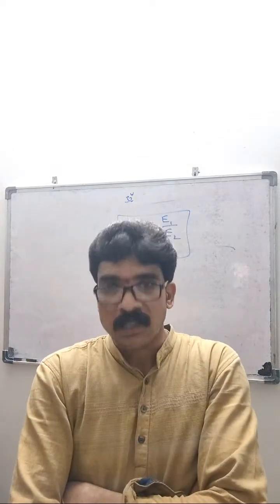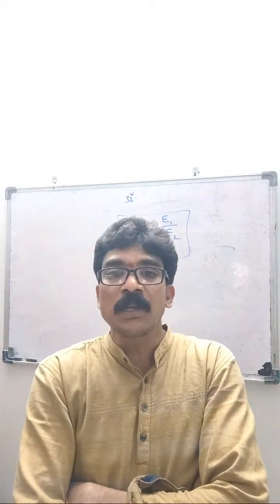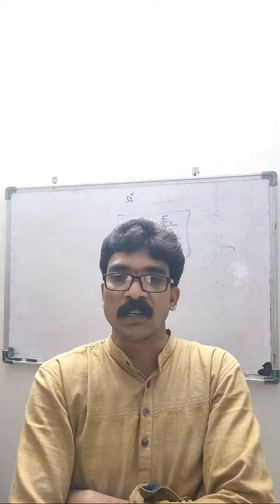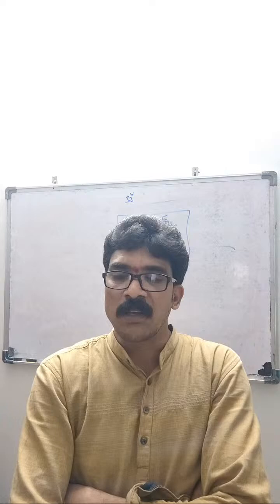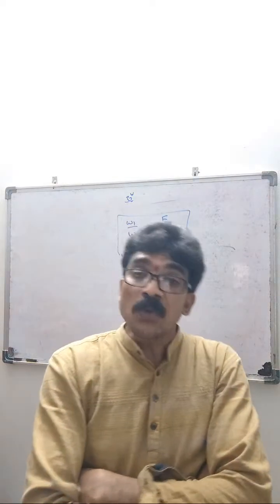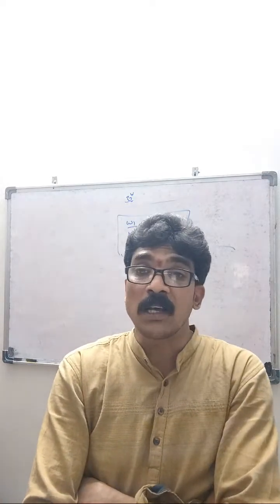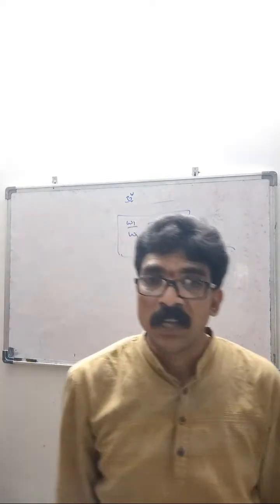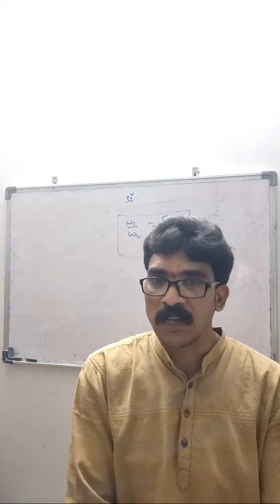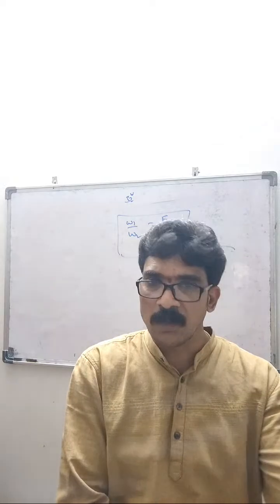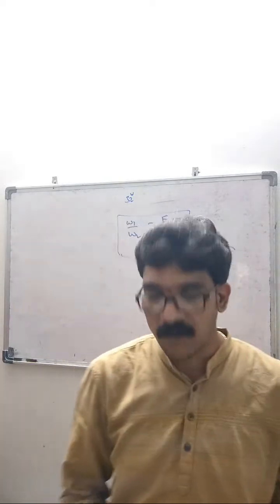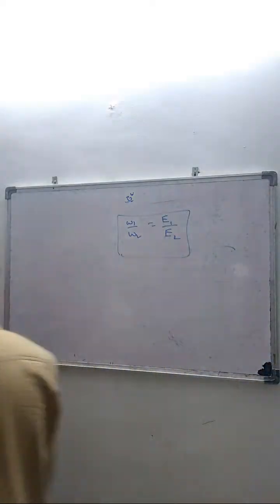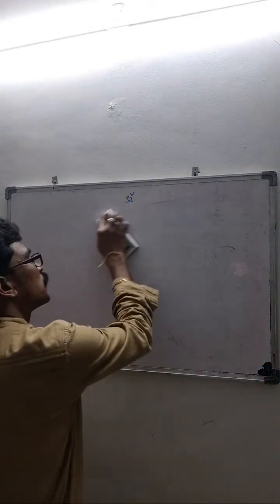It is nothing but gram atomic weight by N factor, or valency. So if you know the gram equivalent weight, the atomic weight can be calculated using valency. Equivalent weight is equal to gram atomic weight by N factor or valency. That is the story of Faraday's first law.